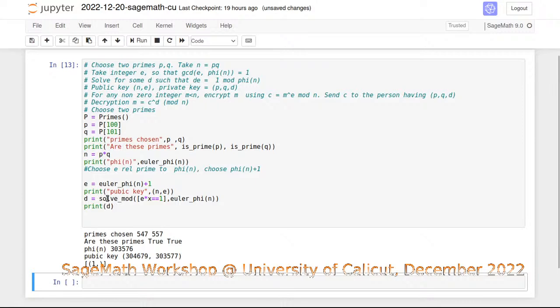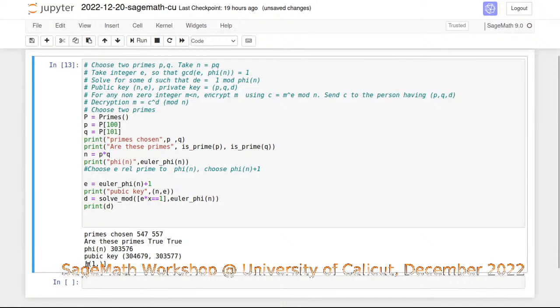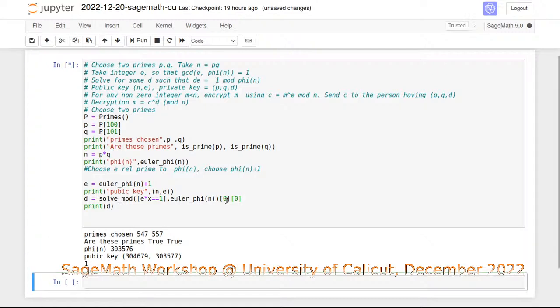Now see that the solution for d is appearing as a list of tuples, so to extract this, take [0][0]. Okay, are we supposed to solve this? d e congruent to 1 mod 5. Okay, I think that's correct.